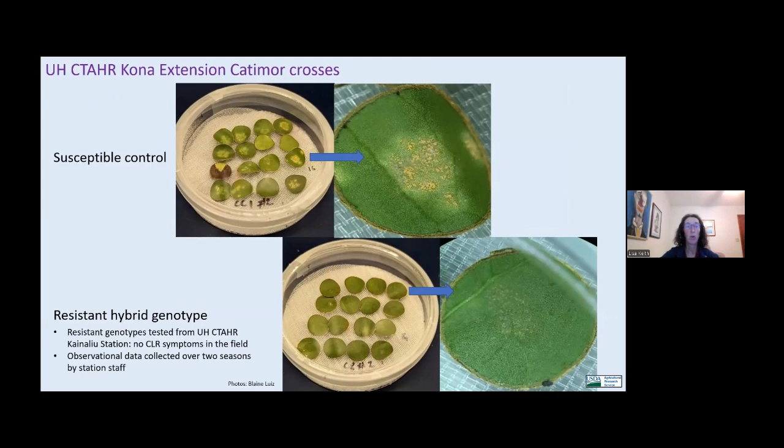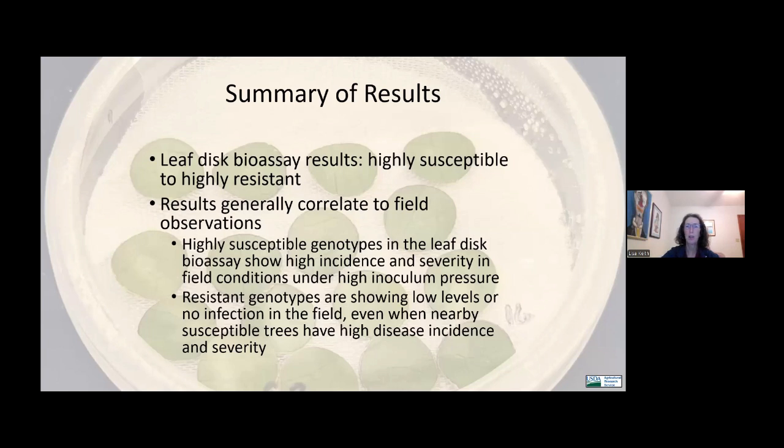To show you the leaf disc assays, on top is the very susceptible control, and these Catimor crosses show little to no symptomology. And this was seen not only in the field over 2 seasons, but backed up in leaf disc assays in vitro. So to summarize the first part of this research for variety screening, we saw a wide gamut from highly susceptible to highly resistant, which is very promising.